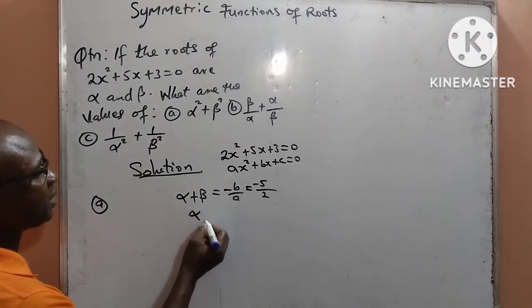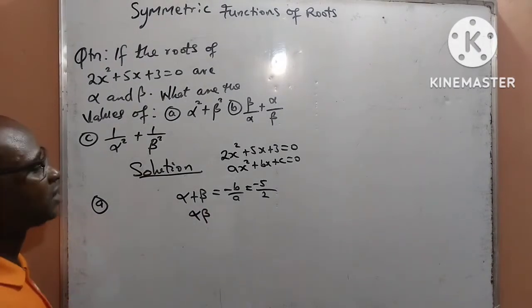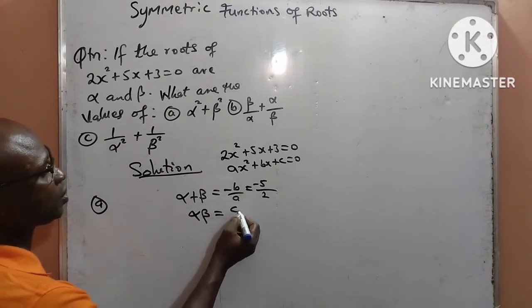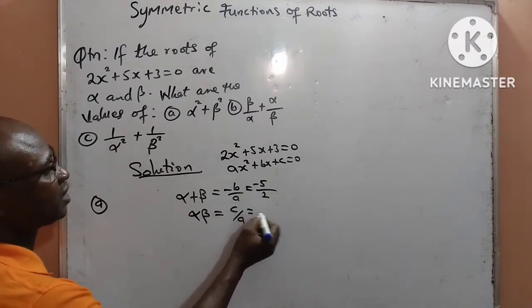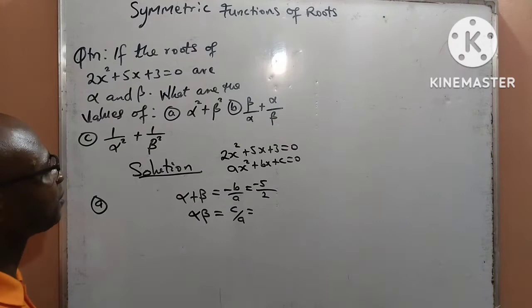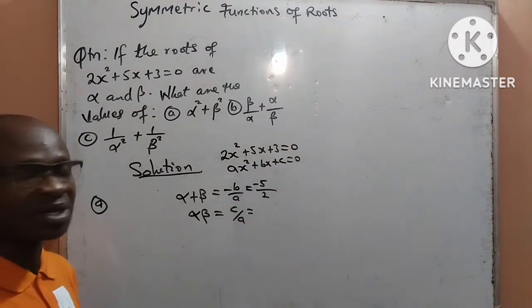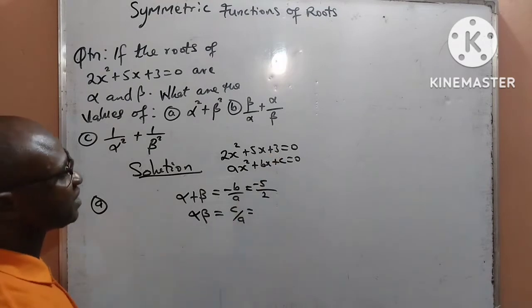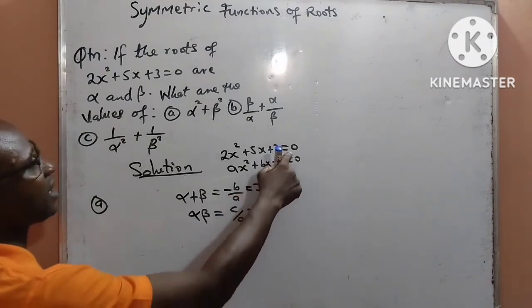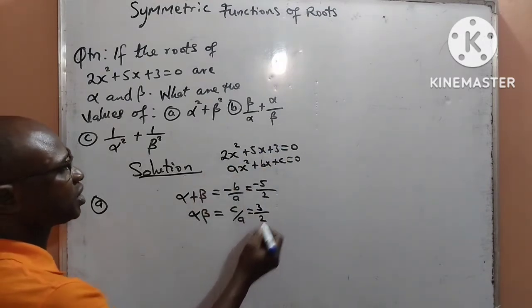Next, we need to get the product of the roots, and that is going to be equal to c all over a. For the product of the roots, our c is 3, whereas our a is still 2.